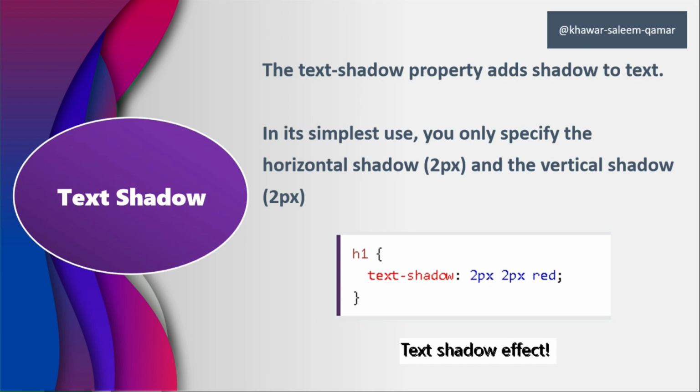The required values for it are the horizontal shadow and the vertical shadow, which means how much you want the shadow of the text to be shifted from the original text. If I give it 2 pixels for horizontal and 2 pixels for vertical, then it would create a text shadow according to that. The red property is not required, it is optional, whereas these two properties are actually required.